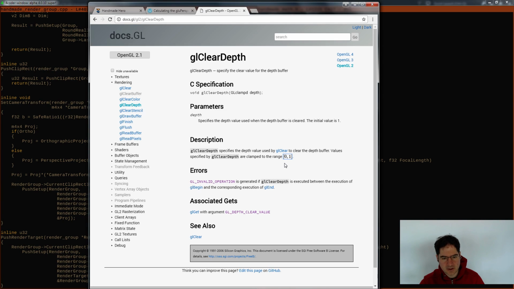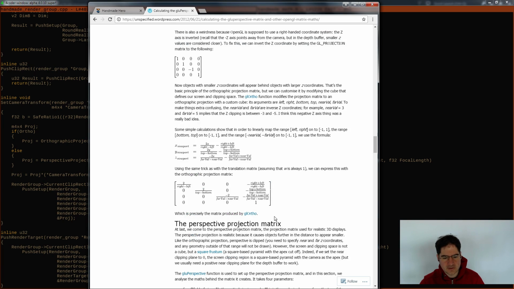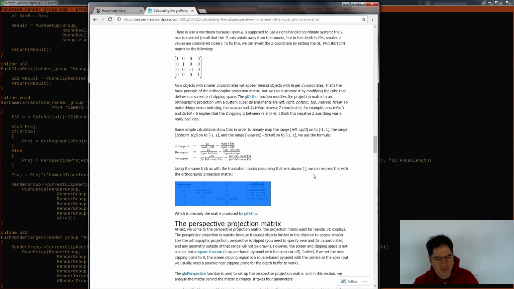You'd be clearing between -1 and 1. So I think they did the math as if you were on the -1 to 1 cube, but in actuality they then turn around after it comes out of that and sort of fudge it back into a different range.